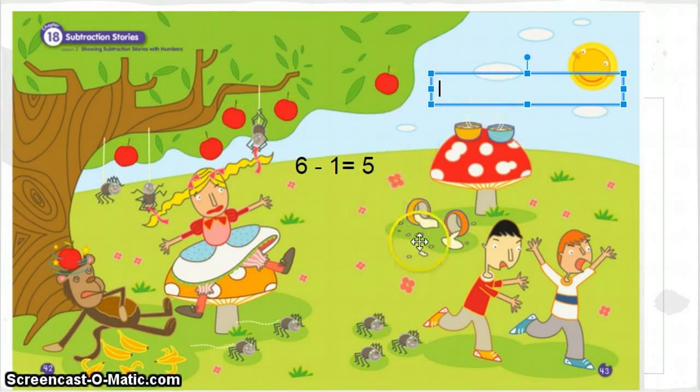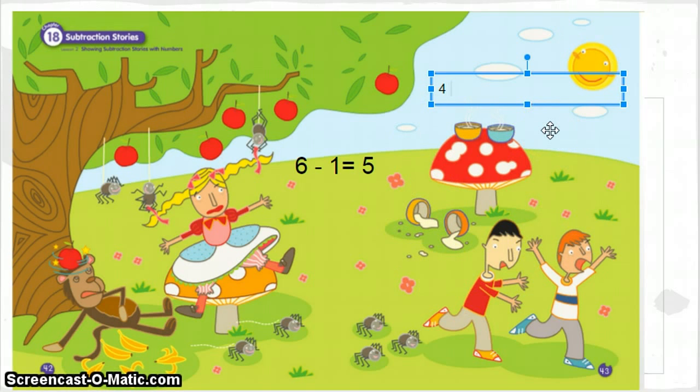So we look at how many bowls are there all together. I want you to think about that for a moment and decide how many bowls are there all together. Which number will we start with? Okay, I hope you said 4, because there certainly are 4 bowls of porridge.